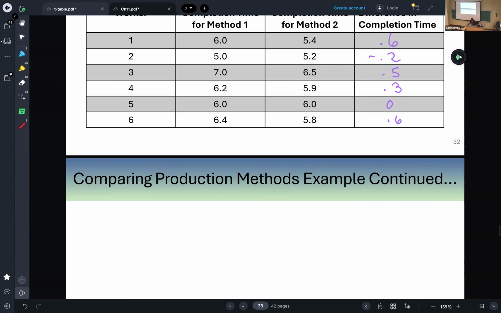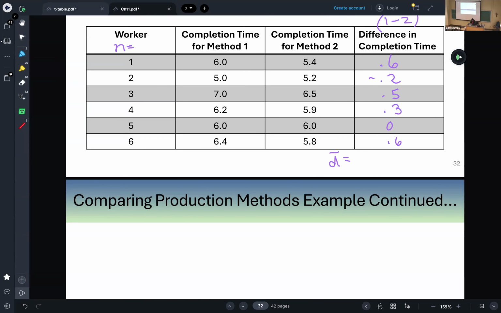So D bar will be, what do you guys get? I have a note on my lecture notes to verify this because it may have been done too quickly. And what do we divide by? N in our case is 6.